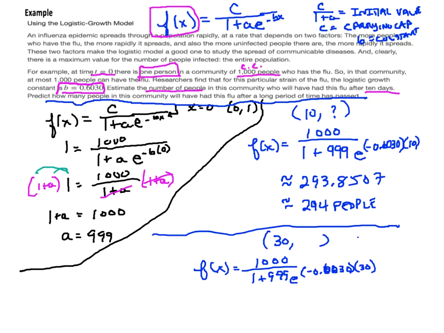And when I put all this into my calculator, I get approximately 1,000, meaning that all people in the community will have had this flu at the end of 30 days. And I'm sure any of you with kids that go to an elementary school or even a middle school know that when one of them gets it, it spreads like wildfire.